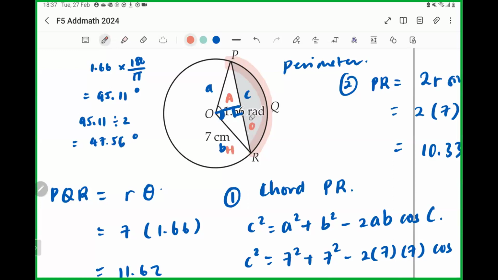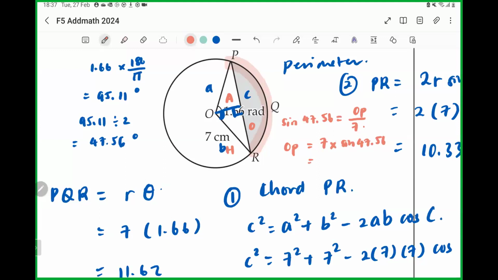If you want to find the O, you have the H here, so you use sine. So sine 47.56 equals O over 7. To find the opposite, it is 7 times sine 47.56.